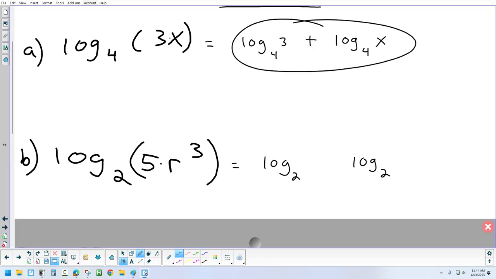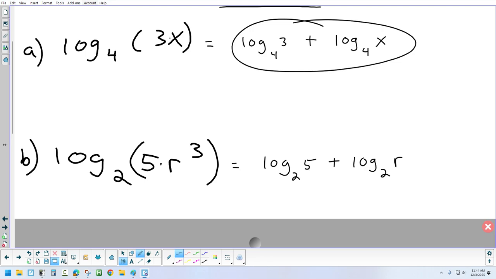The logs are going to be added or subtracted? They're going to be added because you have multiplication inside. And what is your first argument? 5. And the second argument?